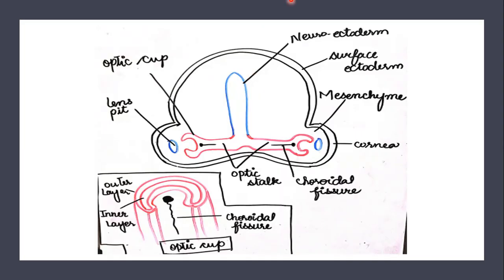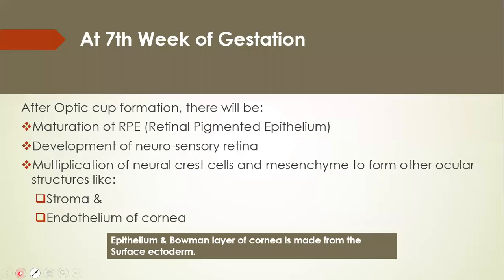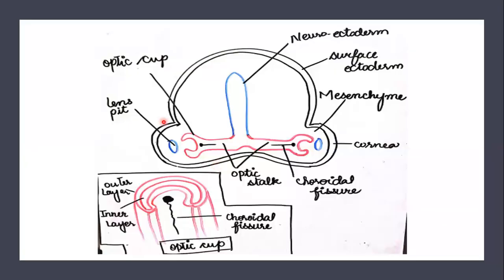After the 6th week, what happens? At the 7th week of gestation, the optic cup formation is done, right? Optic cup is formed. Now there will be the maturation of the RPE, or retinal pigmented epithelium, which is formed from the outer layer of the optic cup.